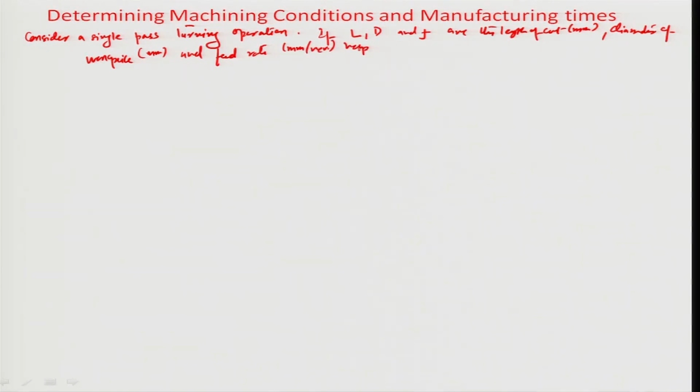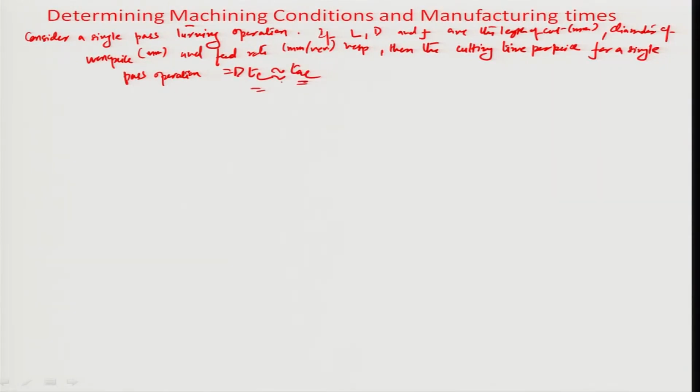Then the cutting time per piece for a single pass operation can really be given as Tc, which we will approximately consider to be TAC in this case, considering the controller to be optimized for the home position setting, etc., for the tool.